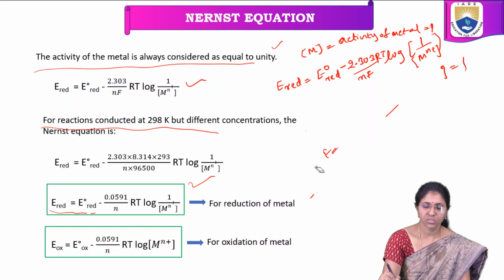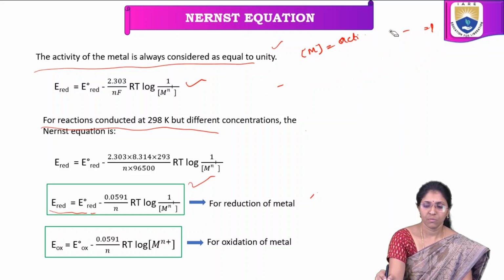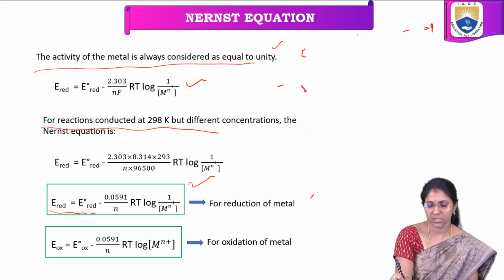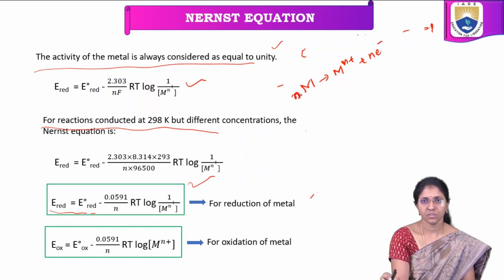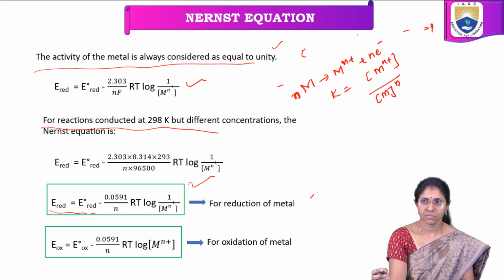If we take the oxidation of the metal, what will be the Nernst equation? For the oxidation reaction, the metal is converted into metal ion and electrons. For this, K equals concentration of products by concentration of reactants.